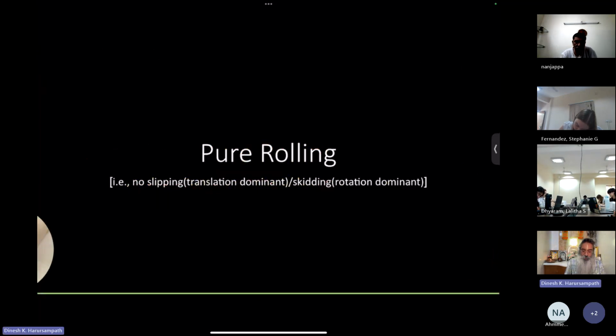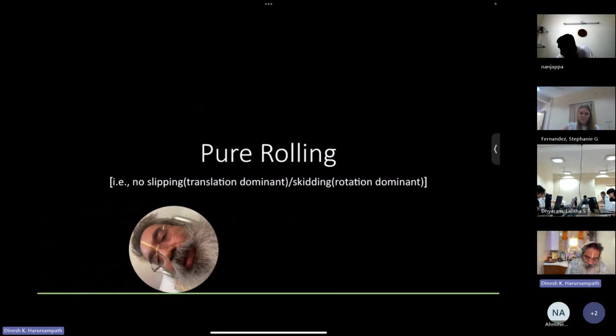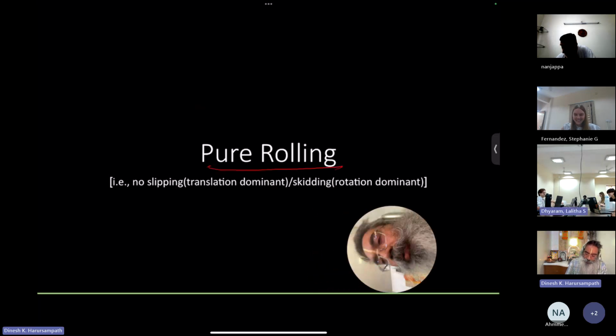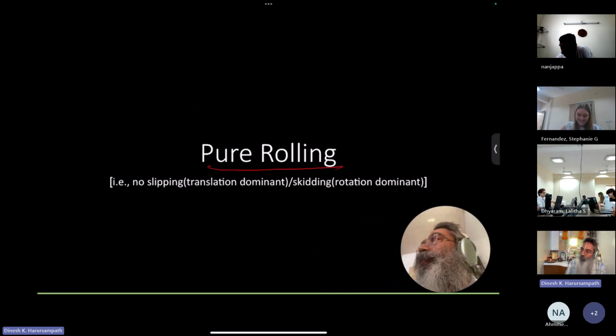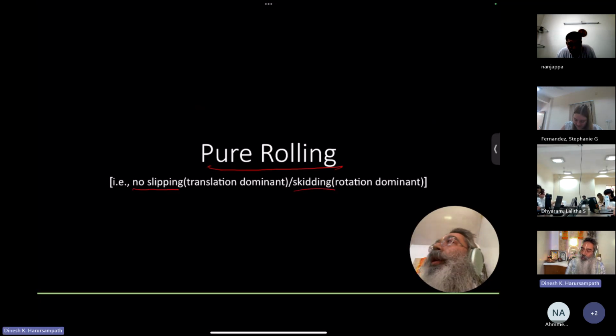So now we come to what I was describing earlier in the situation of pure rolling that we're talking about. That pure rolling involves neither slipping nor skidding. Okay. And at that point in time, I already mentioned to you that rolling has some kind of a balance between translation and rotation.